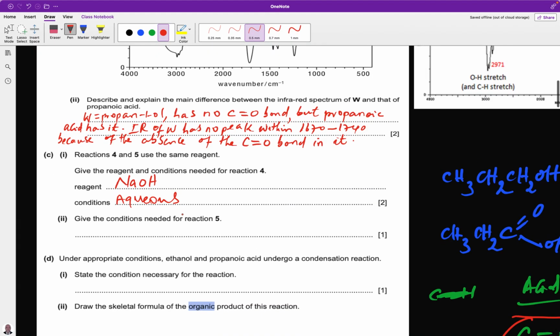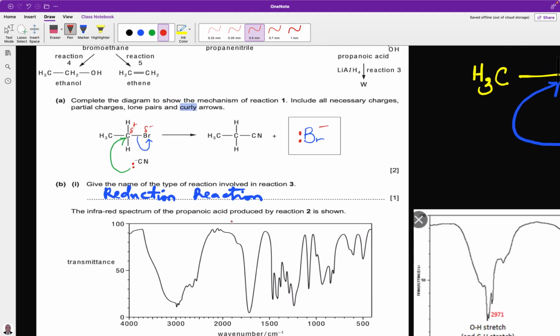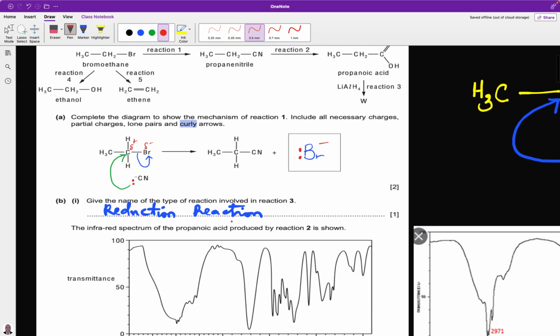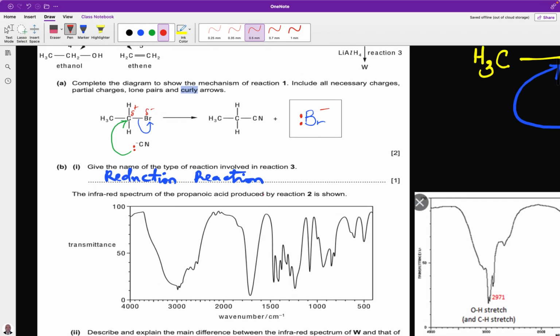Then give the condition needed for reaction 5. Reaction 5 is bromoethane forming ethene. Remember that when bromoethane is reacted with alcoholic sodium hydroxide, we are talking of ethanol, an ethene molecule is produced.